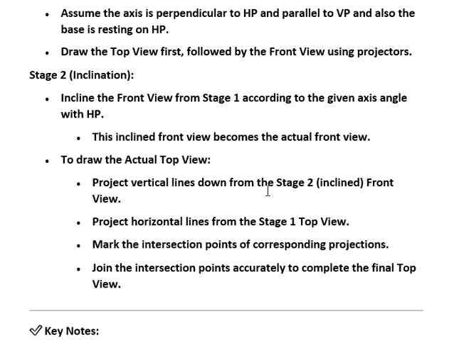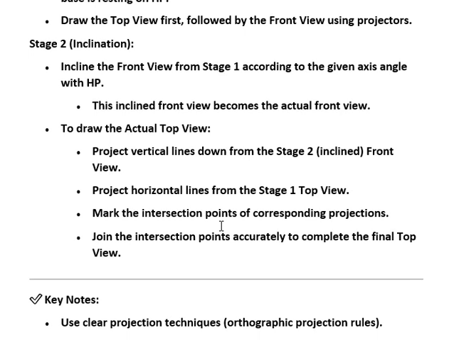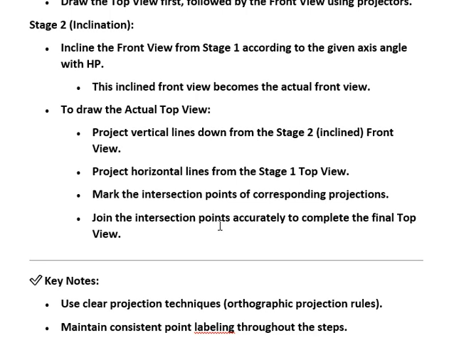Next, to draw the actual top view, we have to draw vertical projection lines downwards from the stage 2 inclined front view. Then we have to draw horizontal projection lines from the stage 1 top view. Then mark the intersection points of the corresponding projection lines, the vertical projection lines and horizontal projection lines.